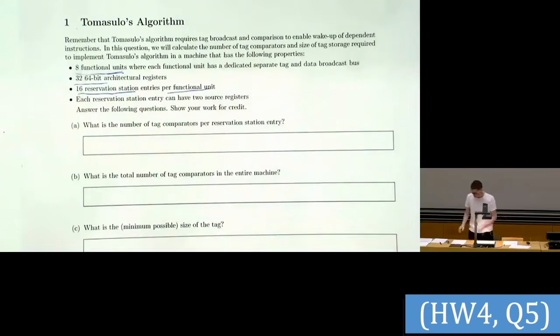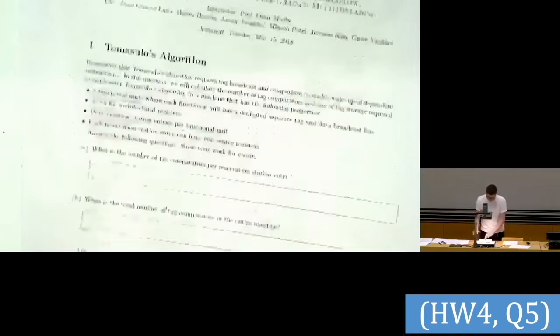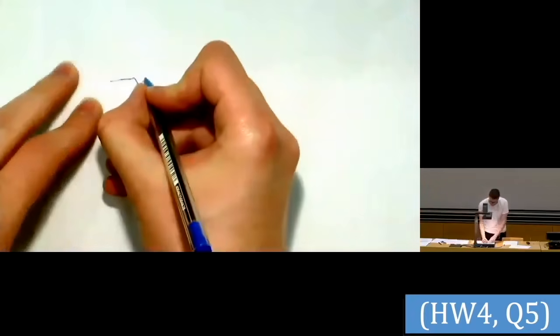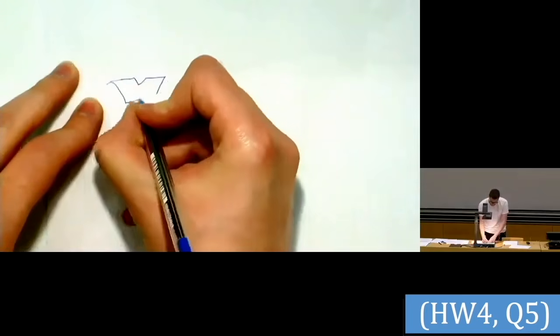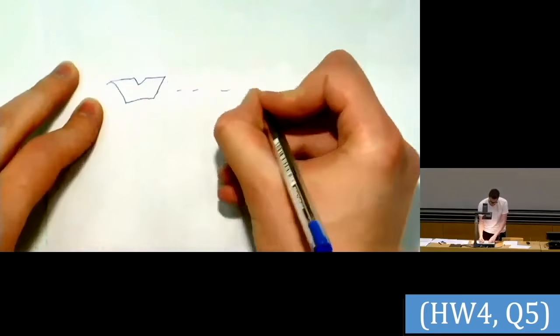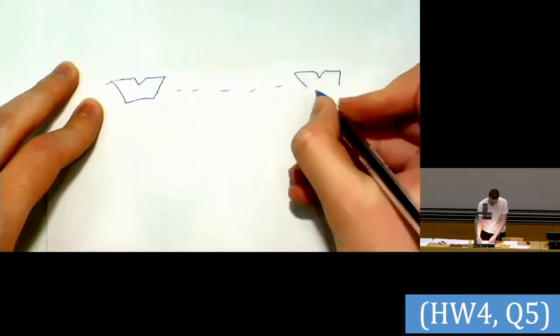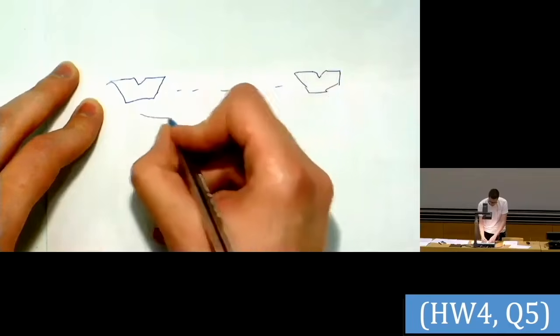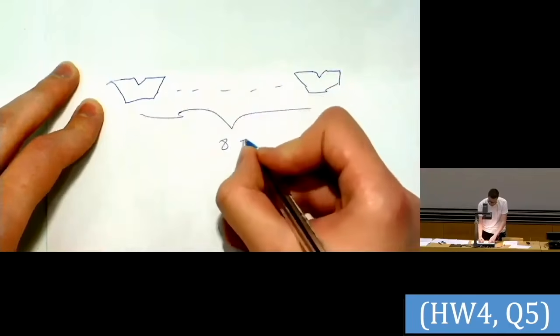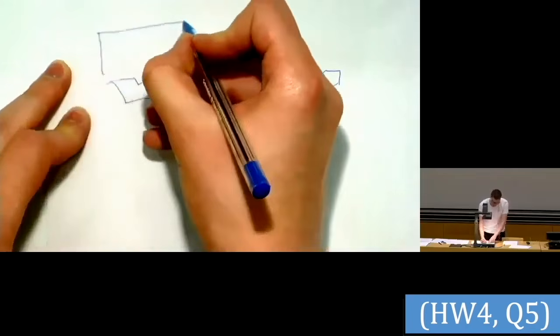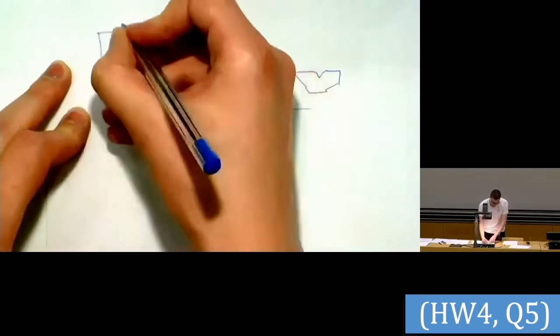So this will basically look something like, let me see, this is so ugly. So you have some functional units here. I can't draw very well, but you have 8 functional units in total, and each functional unit will have its own reservation station.